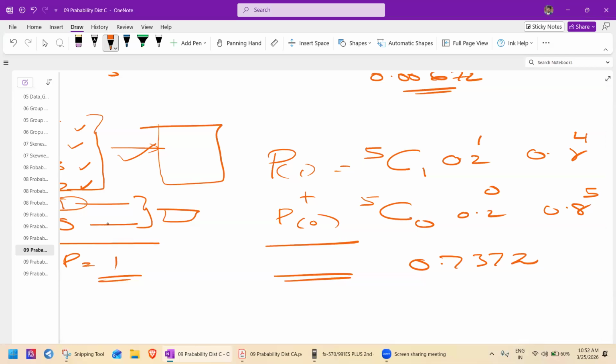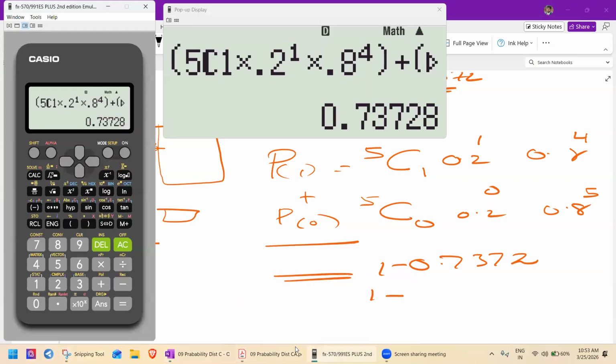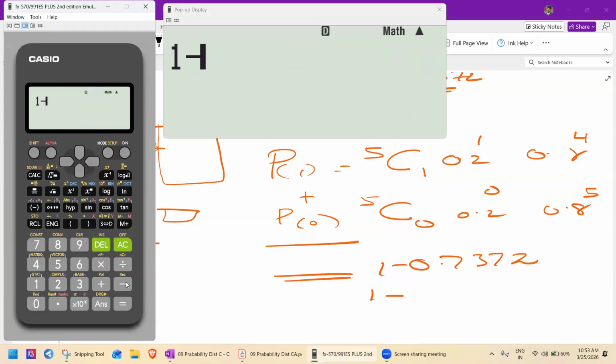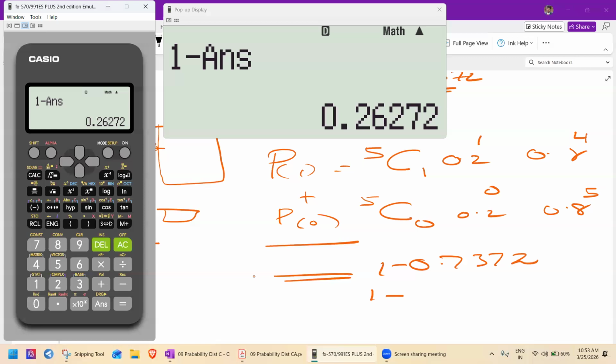Then we need actually 1 minus P0, P1. Then 1 minus this value equals what? Then we can directly calculate 1 minus answer. 1 minus answer equals 0.2627.